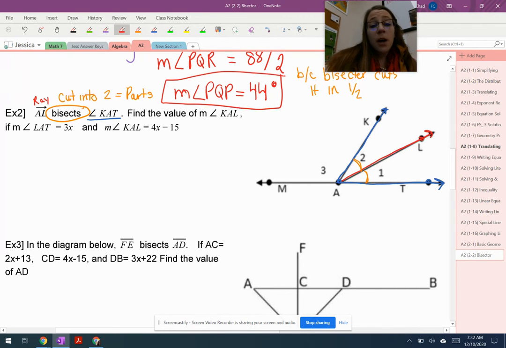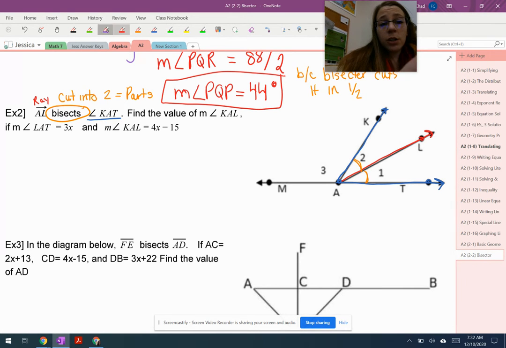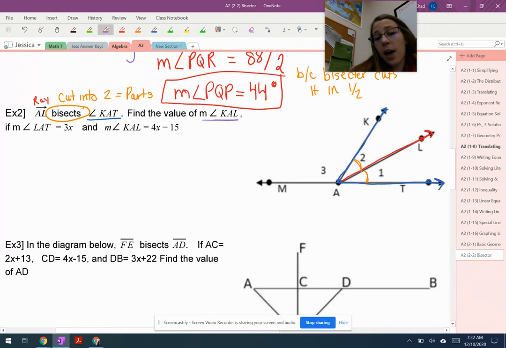Okay. Find the value of the measure of angle KAL. So KAL is this one in purple. So this is the angle that we're looking for. We want to know what that angle measurement is.